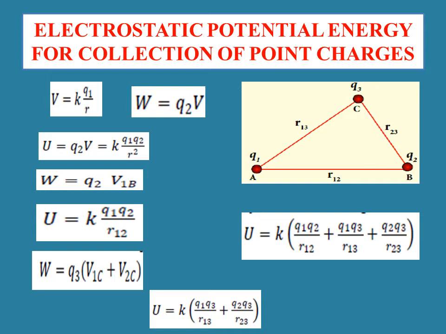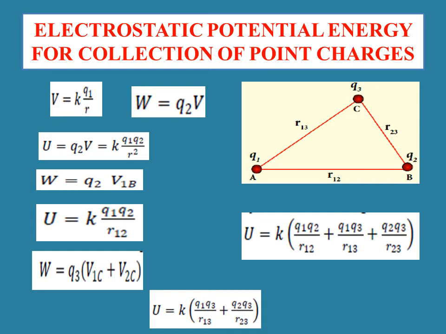Now this is important when you deal with problems. Or the stored potential energy U is equal to the total external work done to assemble the three charges at the given locations. Now from the equation it is very clear that the potential energy is independent of the manner in which the configuration of the charges is arrived at.